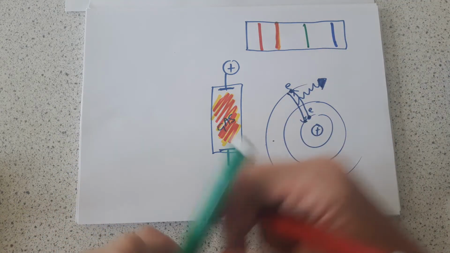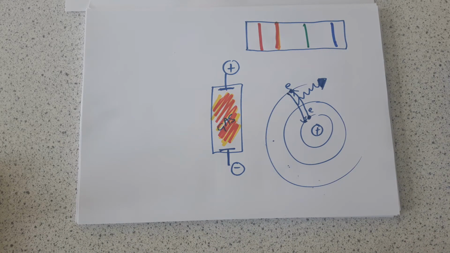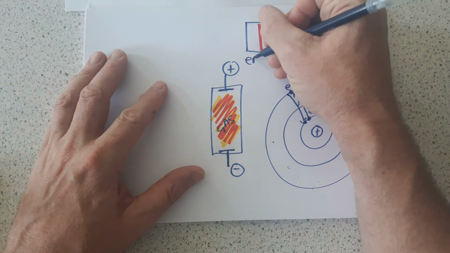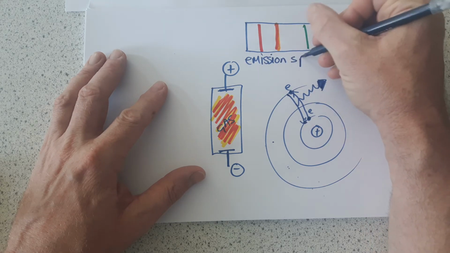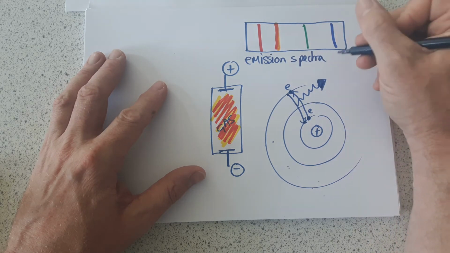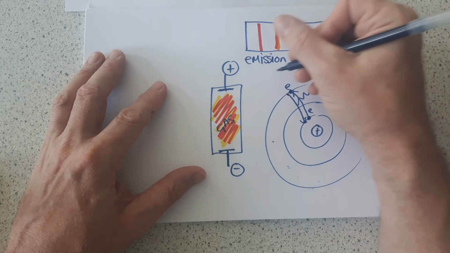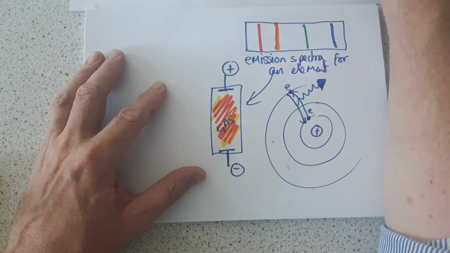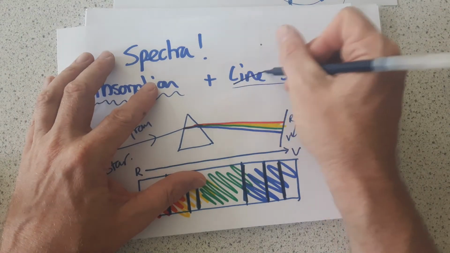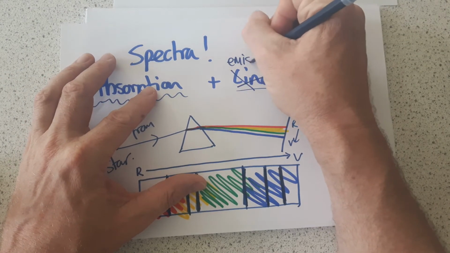So this is the emission spectra for an element. And every element has got its own one. Apologies, that should be emission spectra.